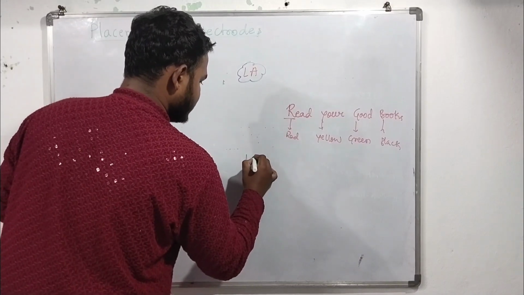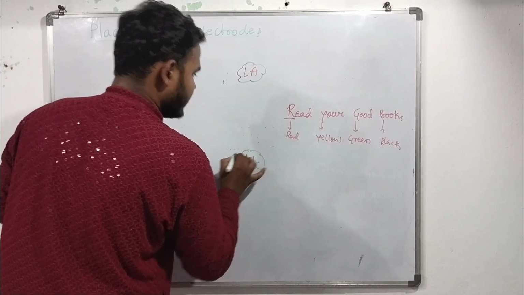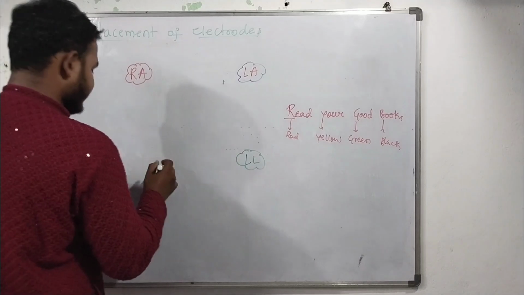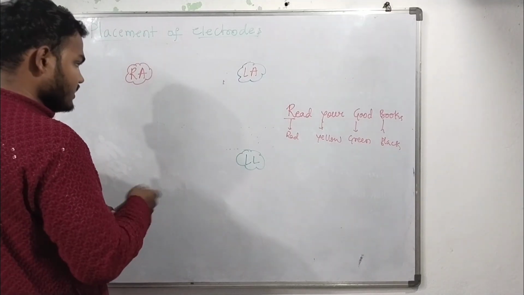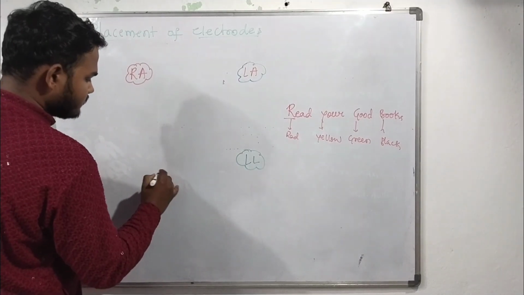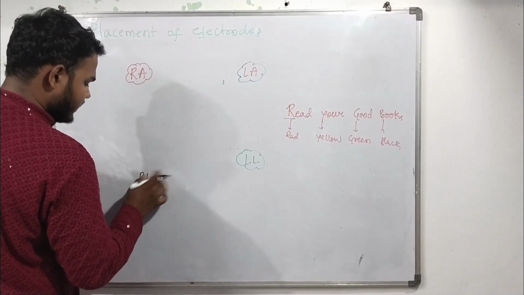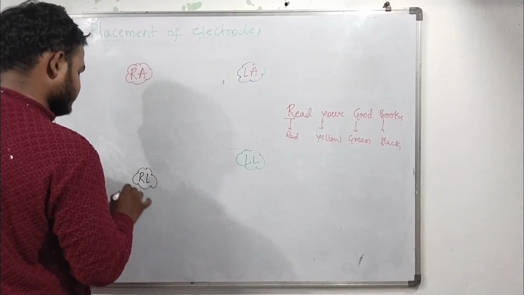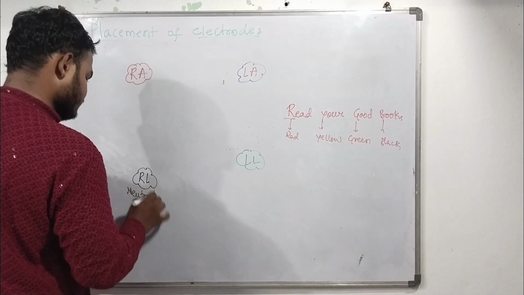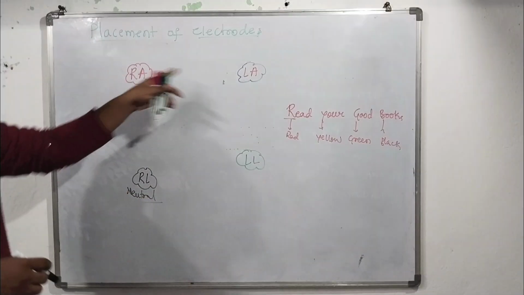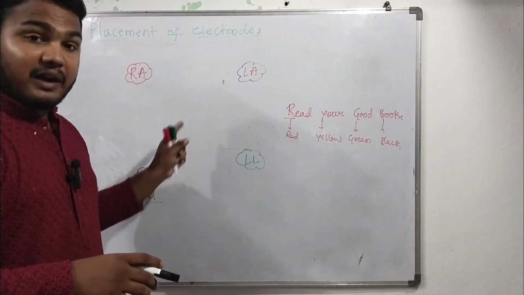Left leg, or you can take foot. Left foot is green, and black is neutral, placed on the right foot. Okay, these are the 4 limb electrodes.